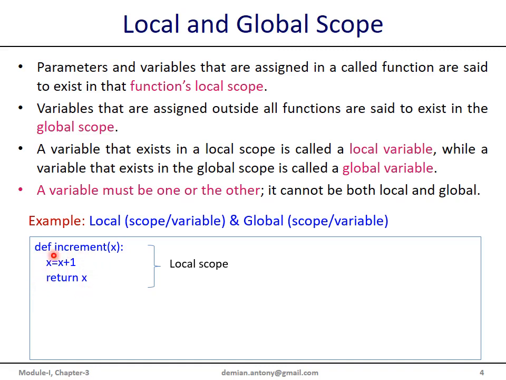One is an increment statement and the second is a return statement. The statements that belong to a function, including the function header, are called a local scope. This is the local scope.